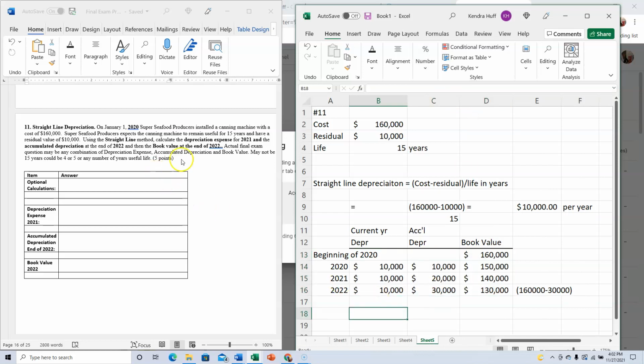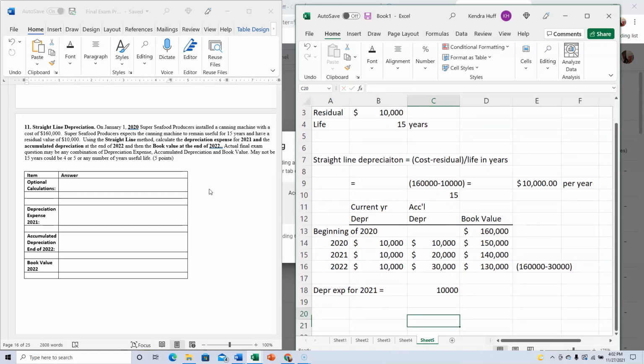The question is, depreciation expense for 2021, and that's 10,000. And they want to know accumulated depreciation at the end of 2022.